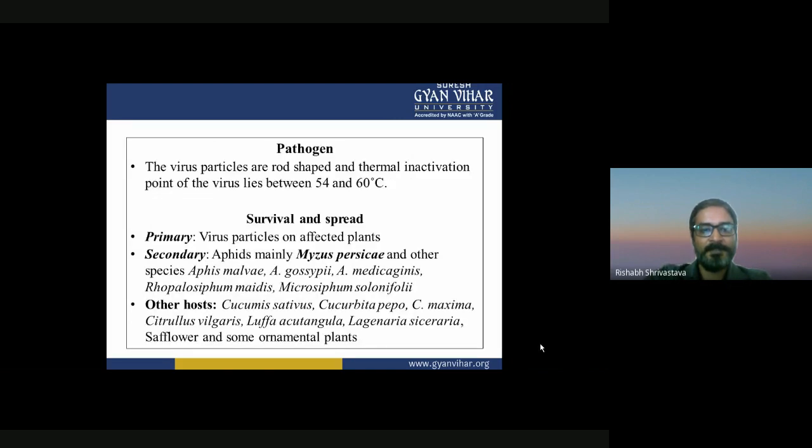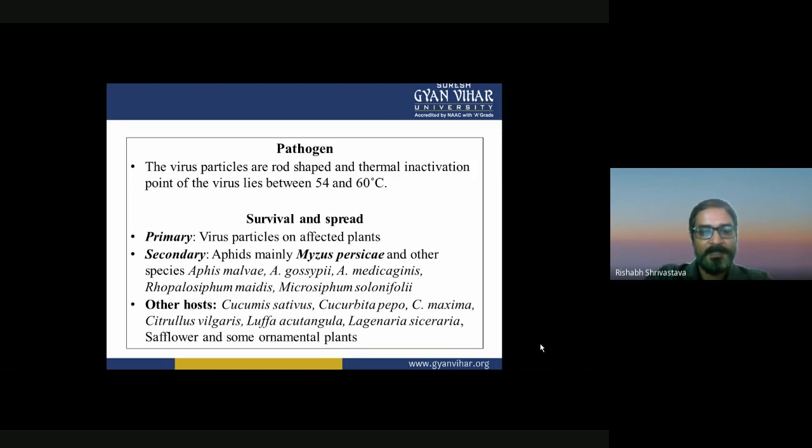Pathogen. The virus particles are rod-shaped and the thermal inactivation point of the virus lies between 54 degrees Celsius and 60 degrees Celsius. Survival and spread. Primary: virus particles on affected plants.